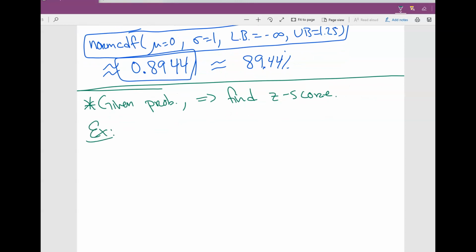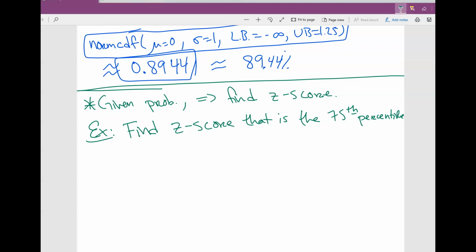Let's go ahead and try it out. Let's say you want to find the z-score that is the 75th percentile. Remember what the 75th percentile means.